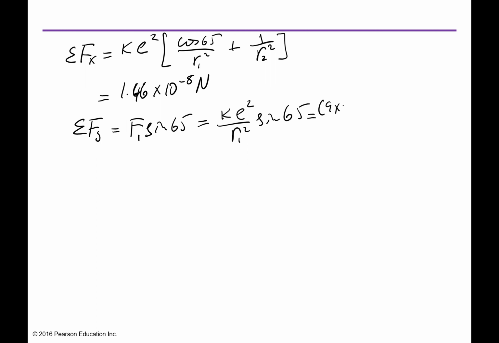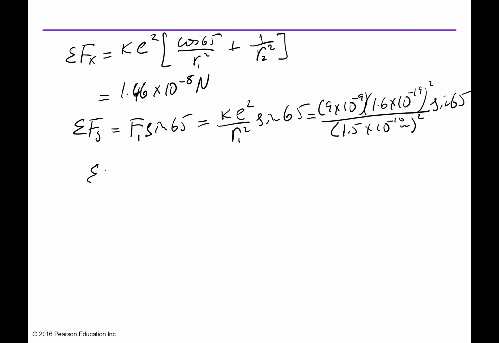So 9 times 10 to the 9, 1.6 times 10 to the negative 19 squared, divided by 1.5 times 10 to the negative 10 meters squared, then sine of 65. Then net force in the y direction would be 9.27 times 10 to the negative 9 newtons.